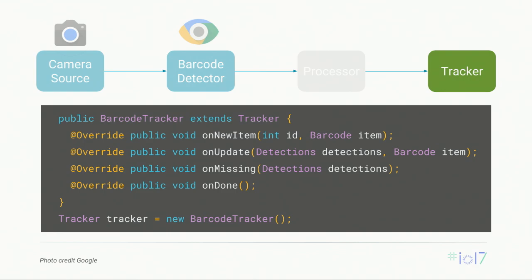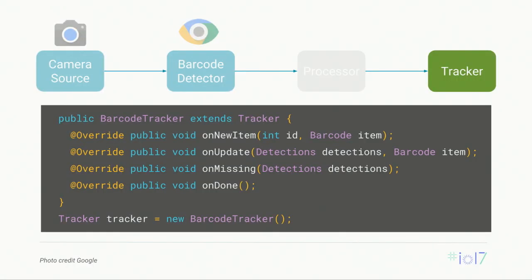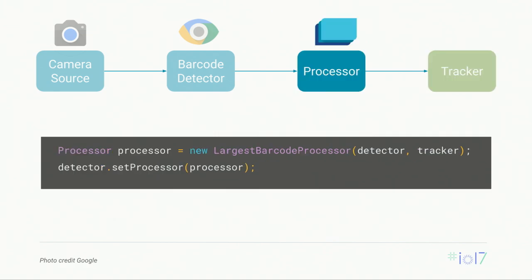This can be due to occlusion or the frame quality is blurred. After several frames, like the barcode is just nowhere to be seen, undone is called. Undone is called when the pipeline is releasing all the tracking resources related to this barcode. This is where you want to also clean up your overlay graphics.